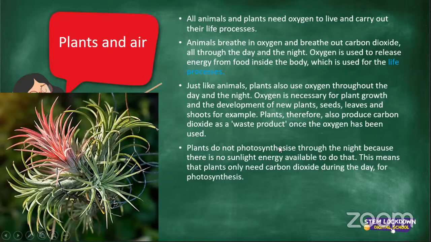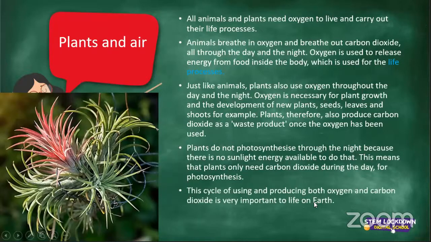Plants do not photosynthesize during the night because there is no sunlight. All right, there's no sunlight energy during the nighttime. So obviously there is no energy available for photosynthesis to happen. This means that plants only need carbon dioxide during the day for photosynthesis.